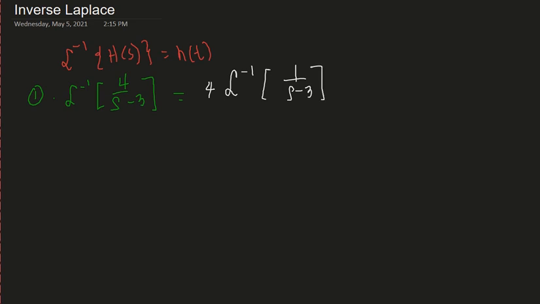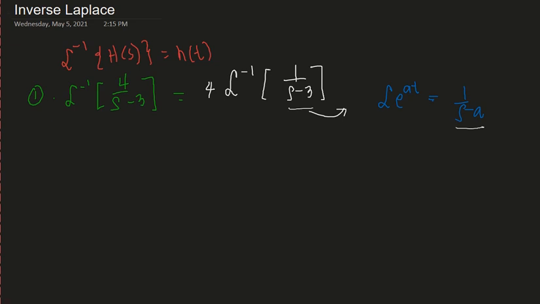Okay, so this one is very much familiar sa aton if we could recall sa concept of your Laplace transform. We have a formula for the Laplace transform that states that your Laplace transform of e raised to a t is equal to 1 all over s minus a, which looks very much the same sa aton nga concept.